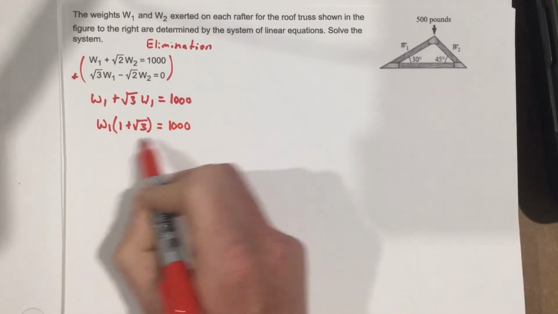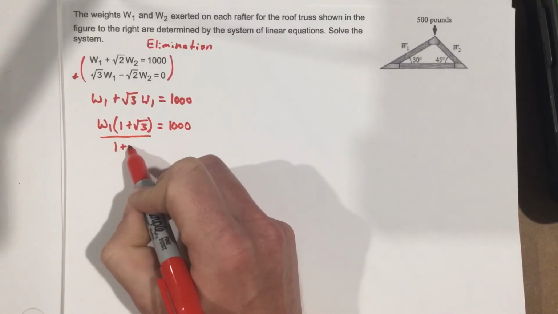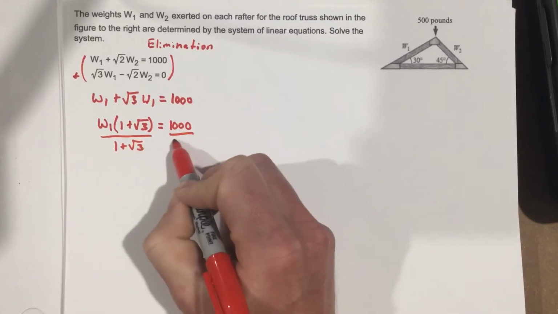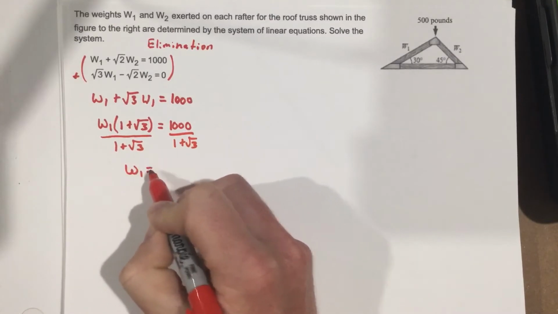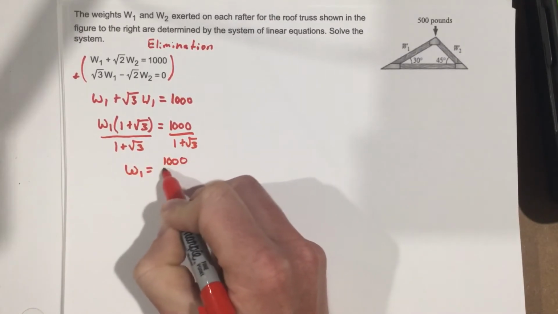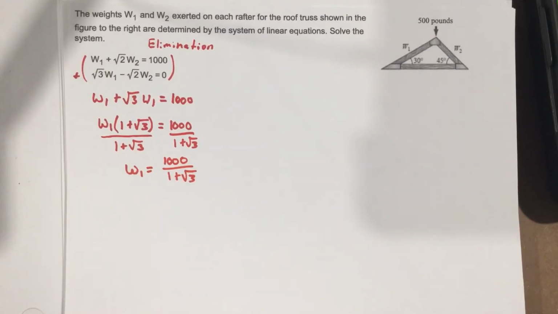And then I'm going to divide this across to the other side. So I'm going to divide by 1 plus root 3. So W1 equals 1,000 divided by 1 plus root 3. And then we're just going to throw this in the calculator.